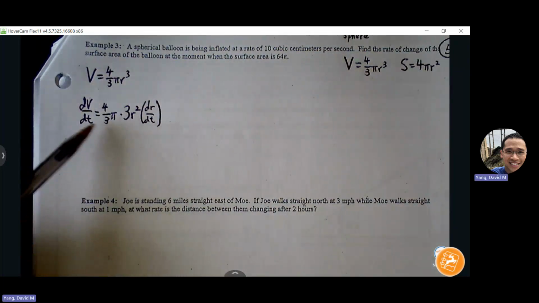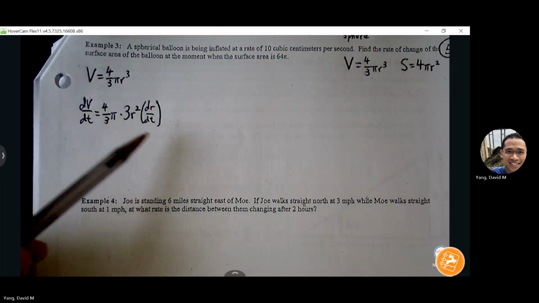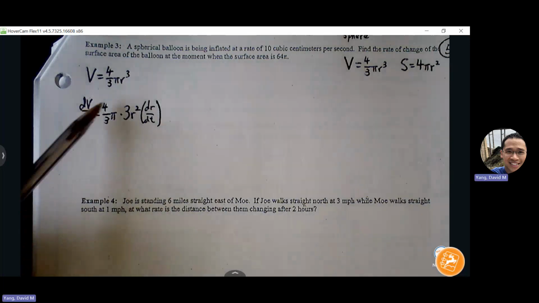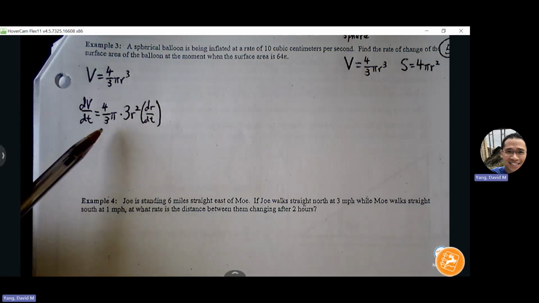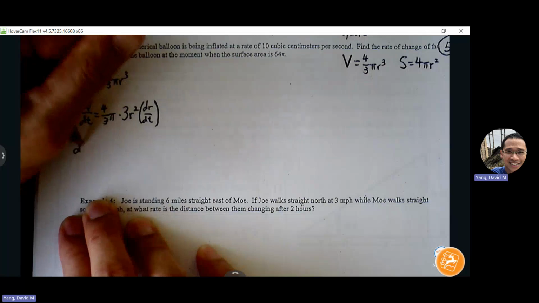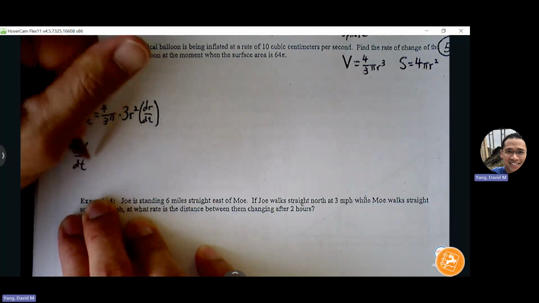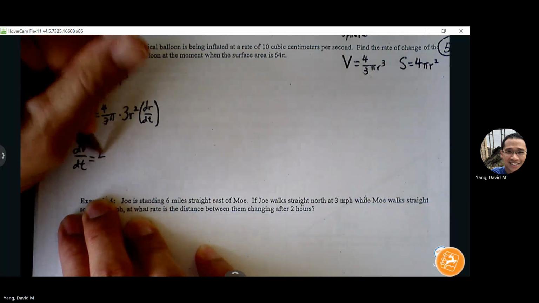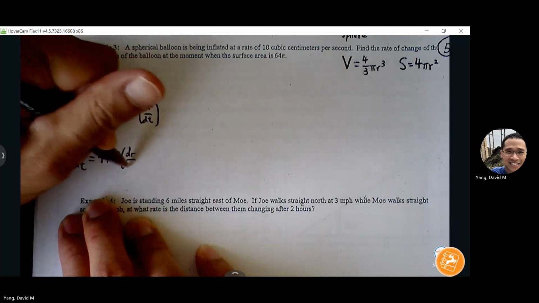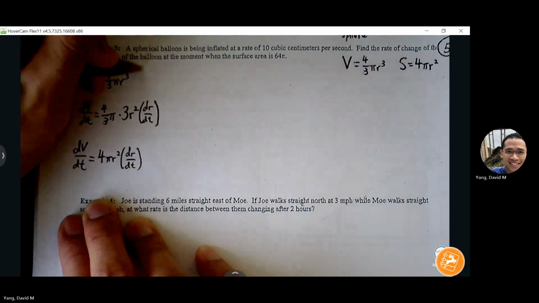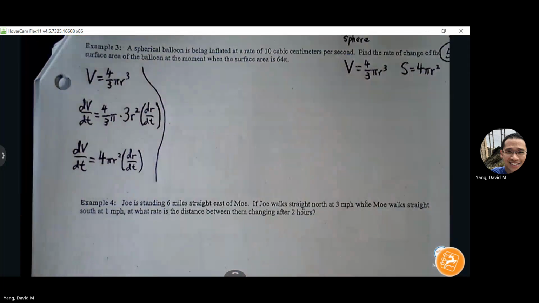Any questions here? Now, in terms of cleanup, what can I do to make this a little bit less messy? The 3's cancel out. All right, so I'm going to have a cleaned up dV/dt here, which I can use in a second. We'll come back to that when we need it.